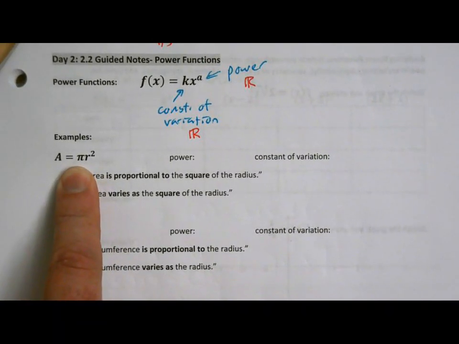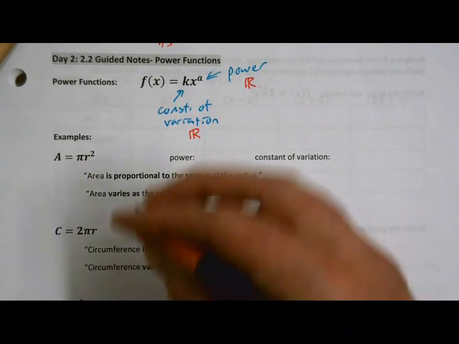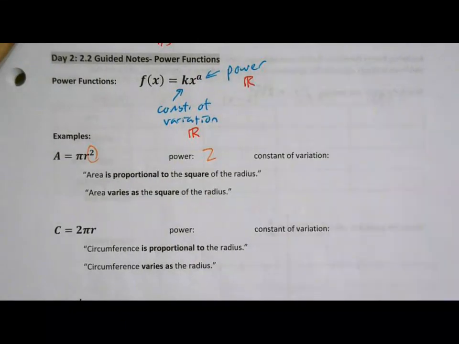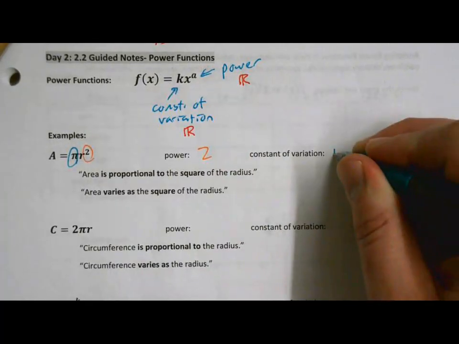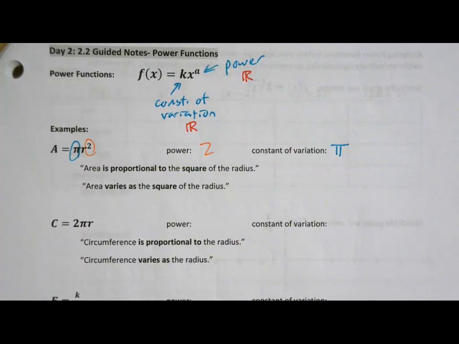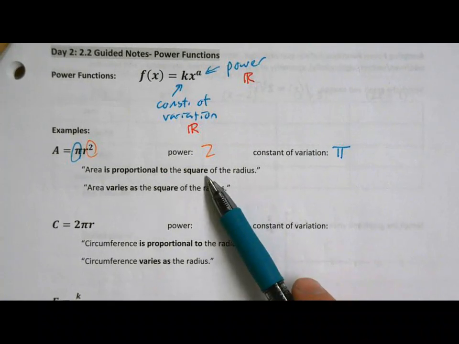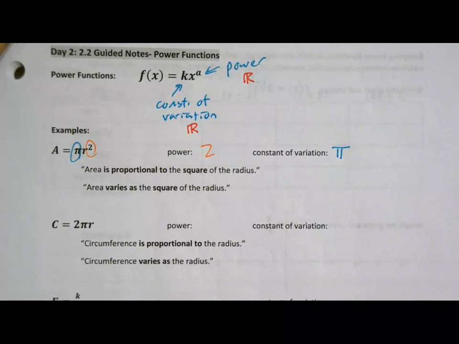The power on this is 2, and the constant of variation is pi. If I wanted to describe this in words, if I were writing a textbook about the area of a circle, I might say something like the area is proportional to the square, or the area varies as the square of the radius.